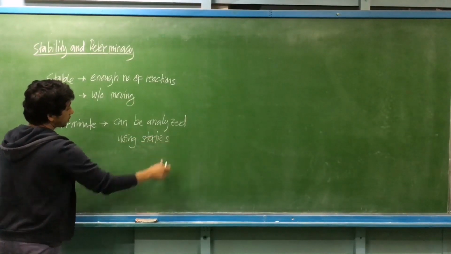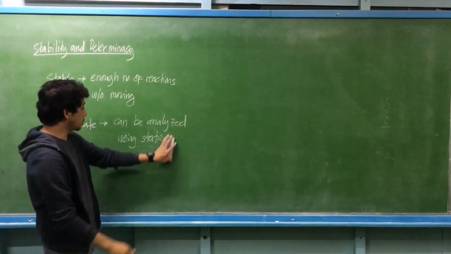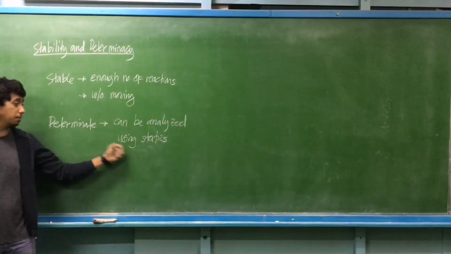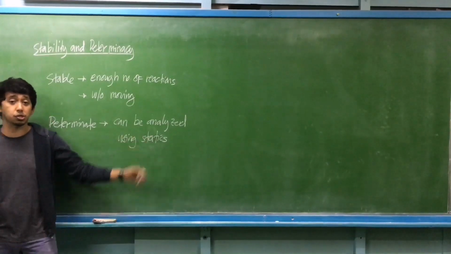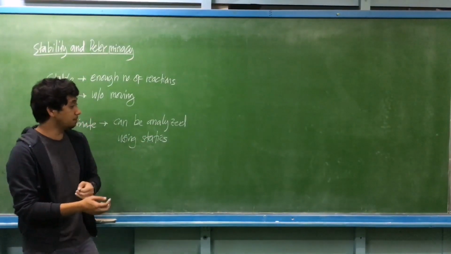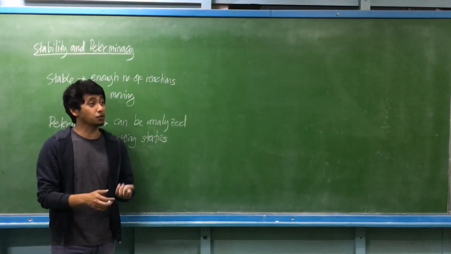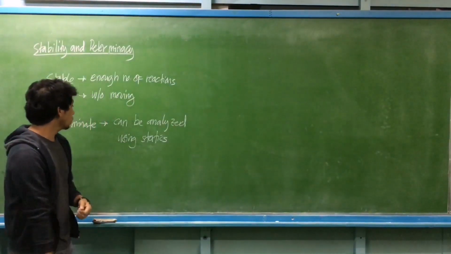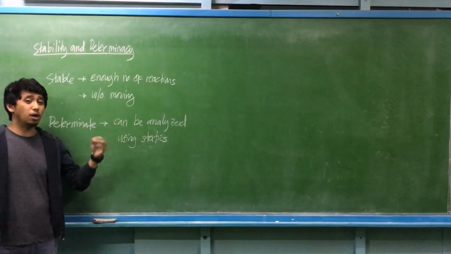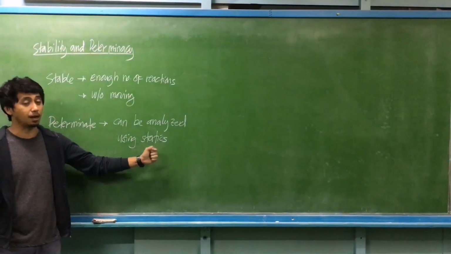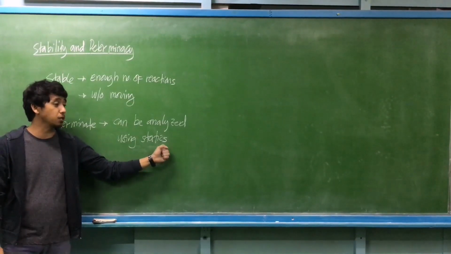If we say statics, you can use the three equations of equilibrium: the summation of moment, summation of forces vertical, and the summation of forces horizontal. Basically, this means you have enough number of equations to compute for the reactions or forces.